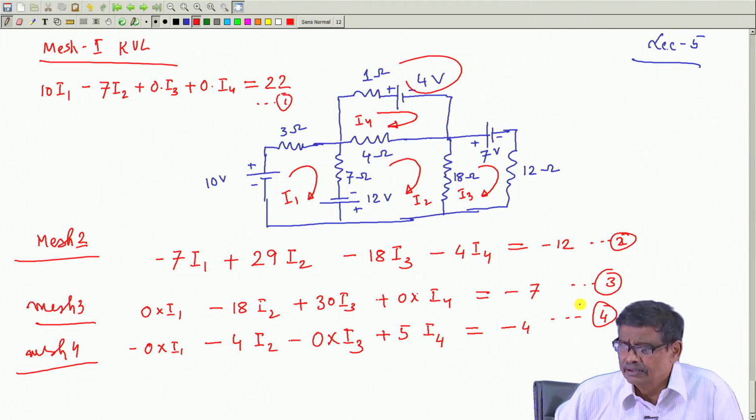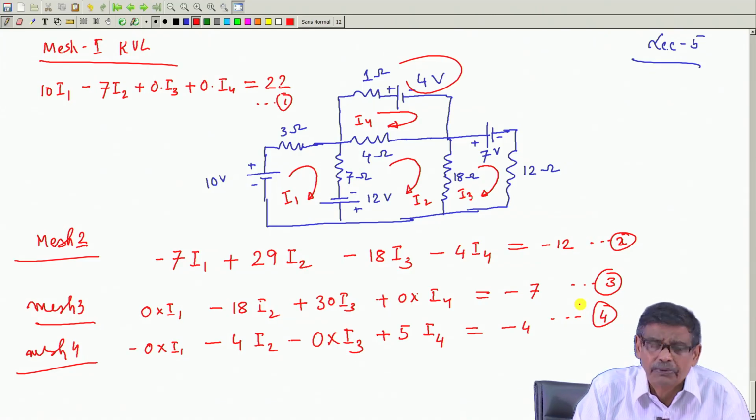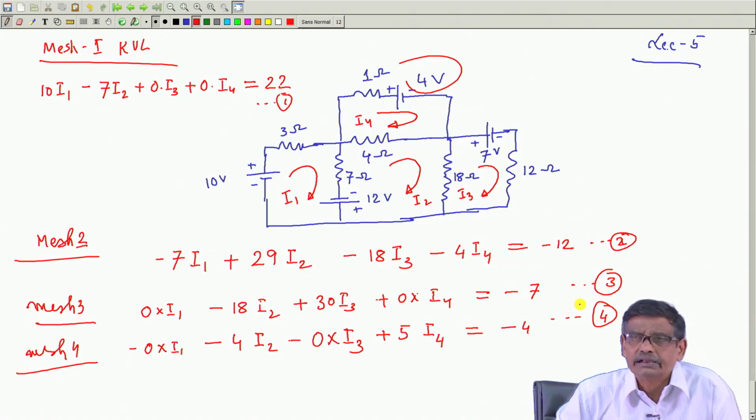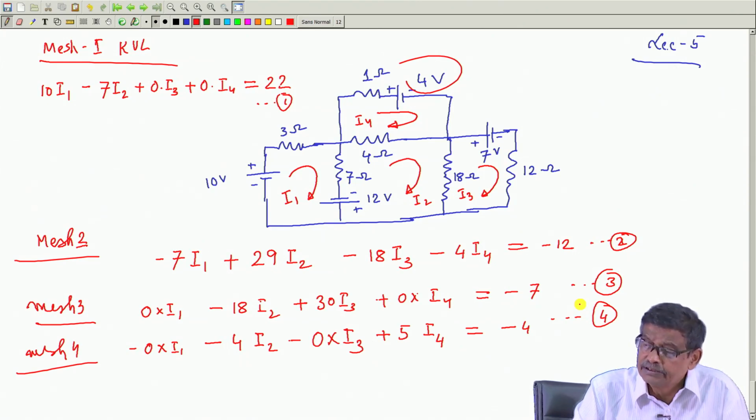In any case, that means I 2 will be flowing this way, that interpretation you can easily do. But nonetheless, after you solve this, branch currents will be a very easy task.